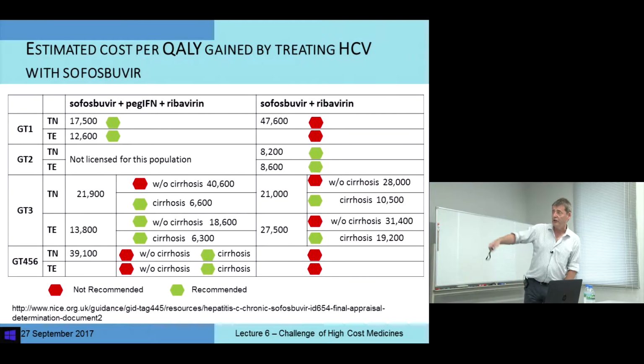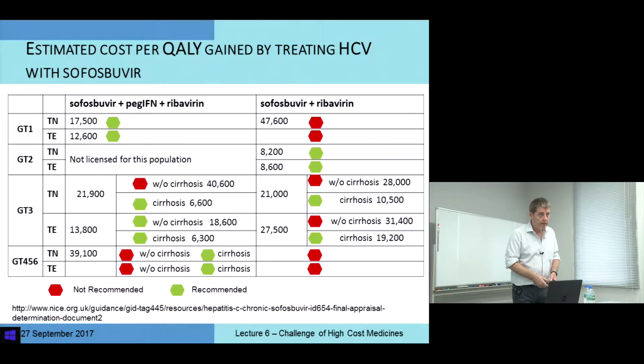And that's the results, and I showed you a table like this last Friday. So it allows us to make quite fine distinctions about whether or not the patient is cirrhotic or not, whether or not they're treatment naive or treatment experienced, whether they belong to any particular genotype.